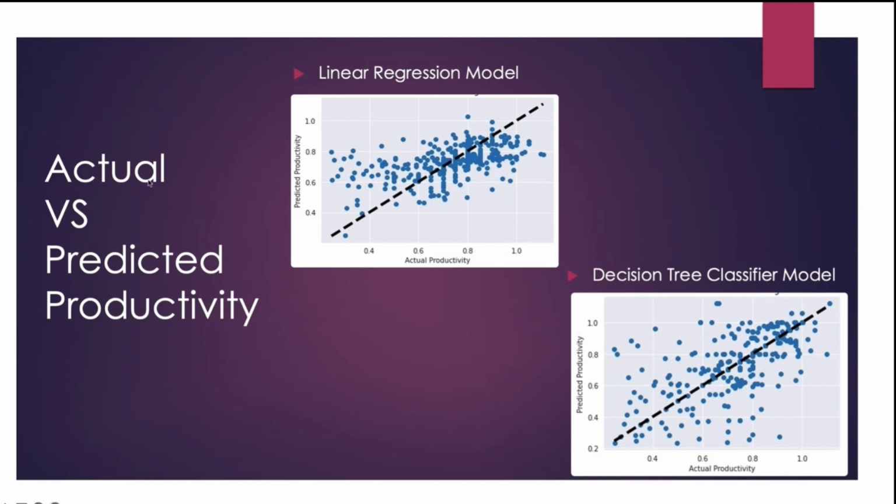This is the actual and the predicted productivity. This one is the linear regression model, and this one is the decision tree classifier model. They look quite similar.